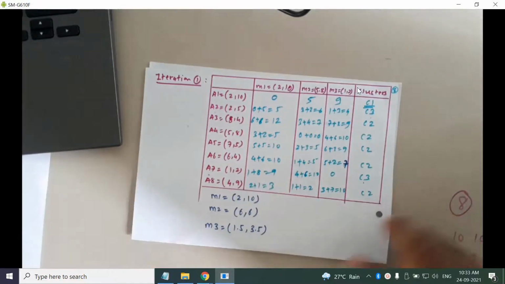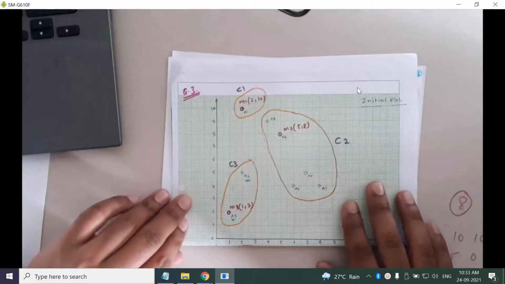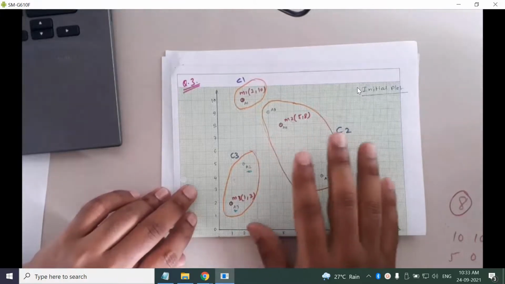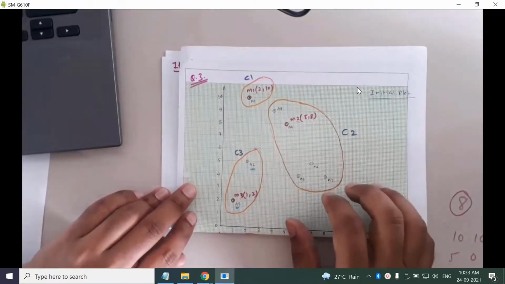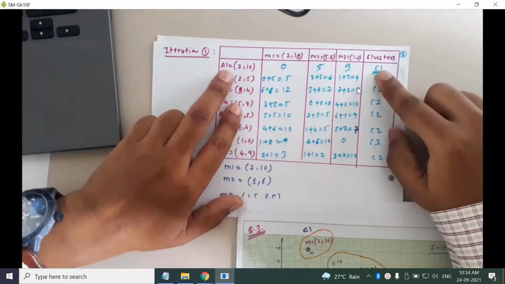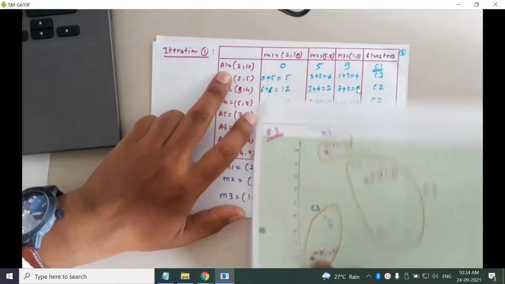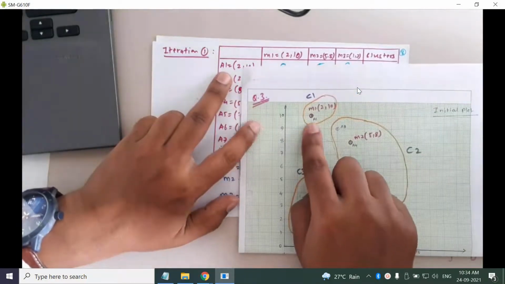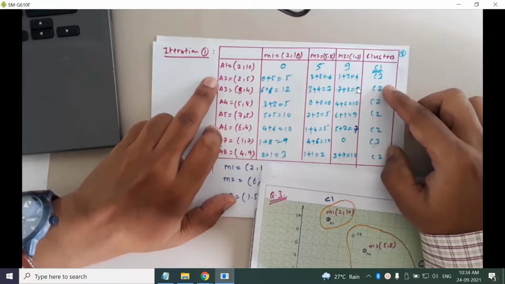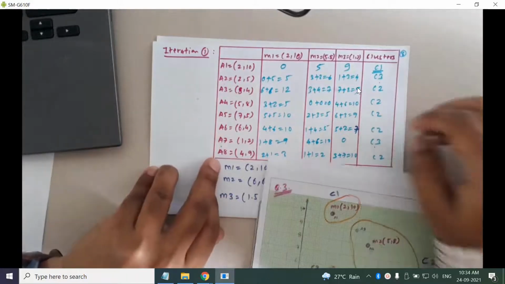Now if you visualize the data points, I have plotted all the 8 points and this is the initial split which I can find out. See, A1 is belonging to C1. No other point is under C1, only A1. Then how many in C2? Cluster 2 has A3, A4, A5, A6 and A8.